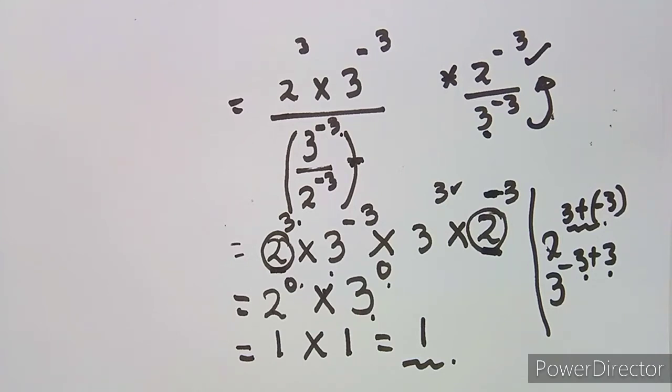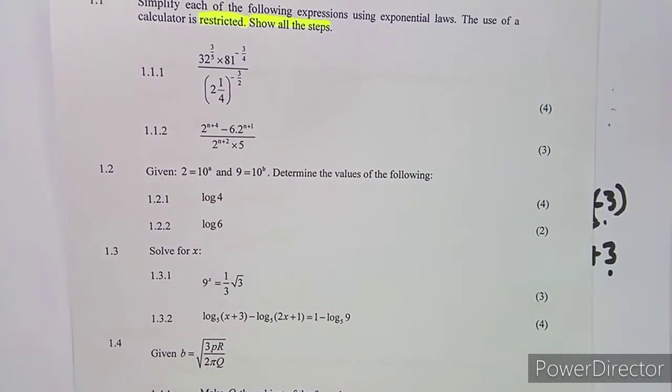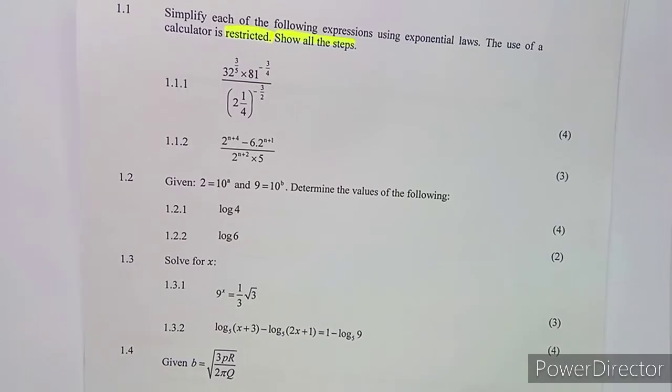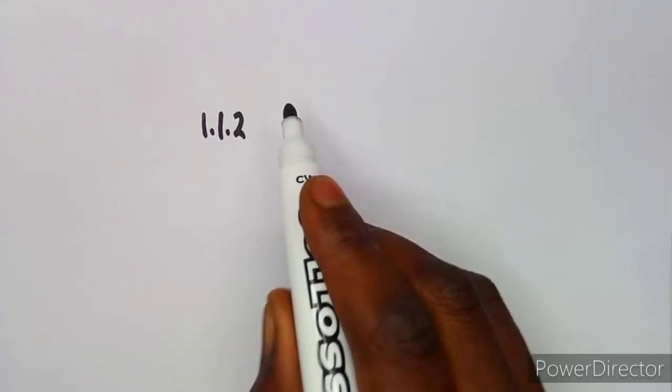So another question now, we are given to simplify again using the same concept of applying the exponents, but we have got something there which is pretty different from what we were given in this question. Let's just see what we have there.